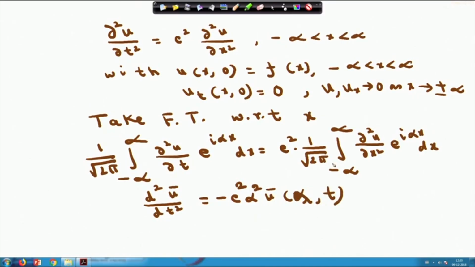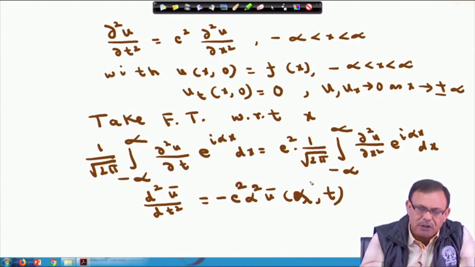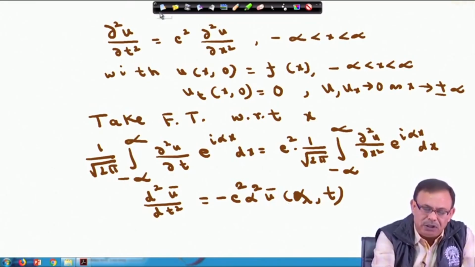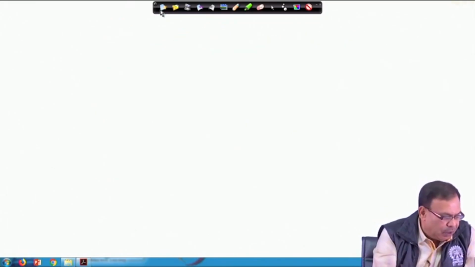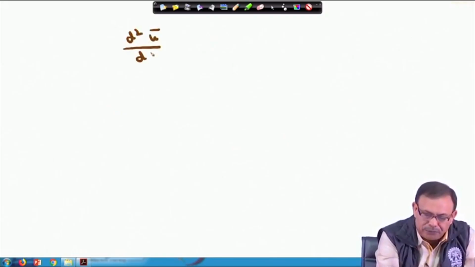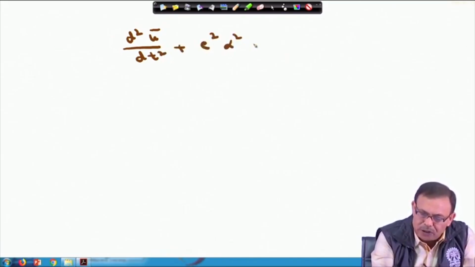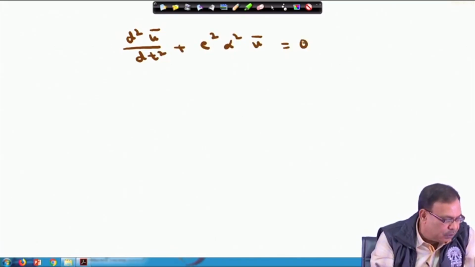This I have not written because you can check it on your own using the earlier problems. In the same fashion, if you proceed, you will obtain minus c² α² ū(α,t). So, your given ODE will be d²ū/dt² plus c² α² ū equals 0.